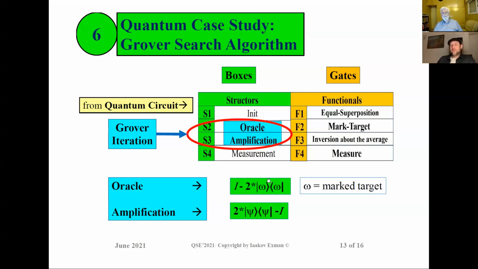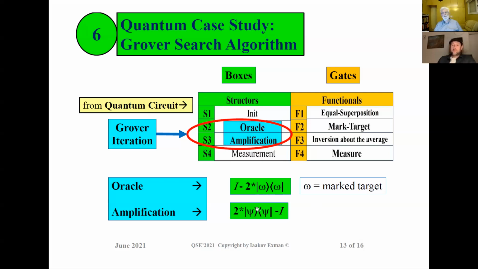First, the functionality of both oracle and amplification are exactly the same, except for the argument omega and psi. And another point is that the amplification is the oracle multiplied by minus 1.